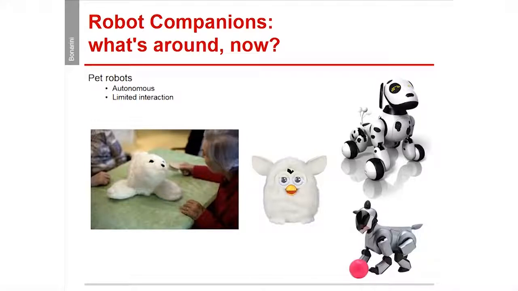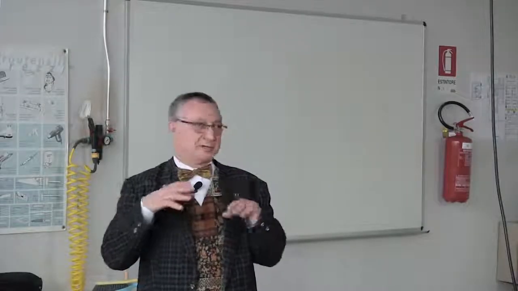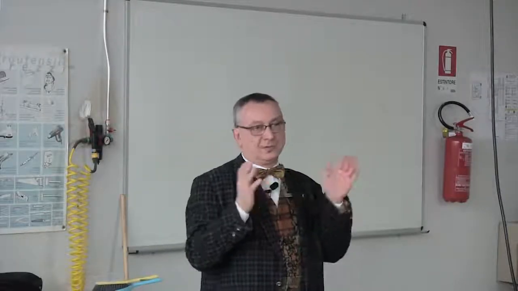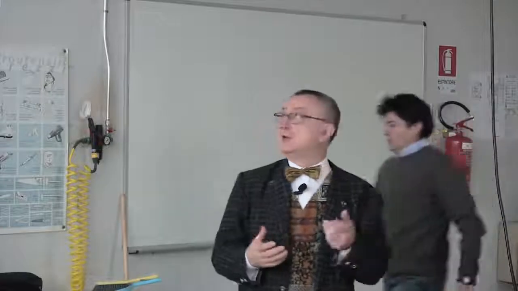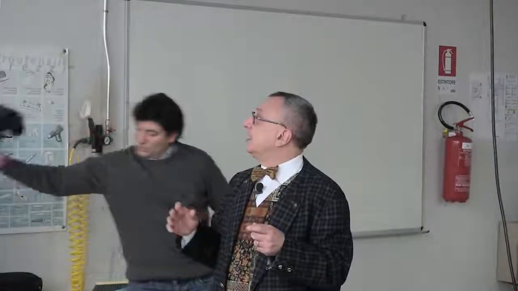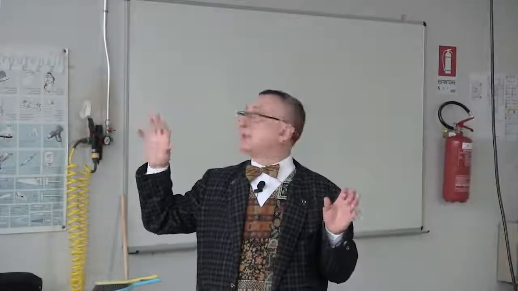We may have pet robots, so robots that are considered as pets, and you interact with these robots as pets. On the left, we have Paro. Paro is a baby seal that has very many sensors on the body. You can caress it, you can move it, interact with it by touch. It's moving a little bit.